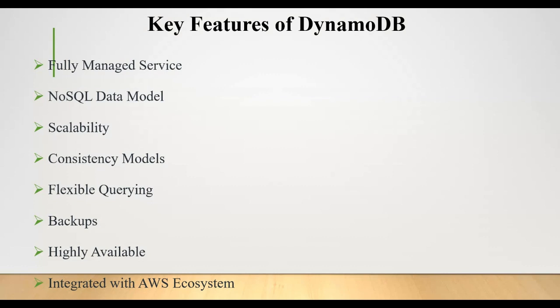The next is backups. PITR, which means point-in-time recovery, provides continuous backup and protects DynamoDB table data from accidental write or delete operations. So in DynamoDB, if tables are accidentally deleted, we can recover them using PITR, point-in-time recovery.